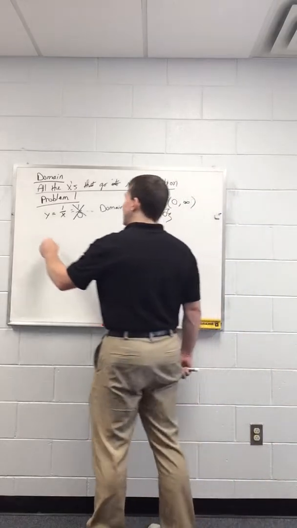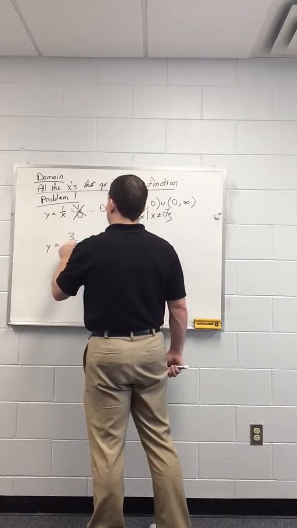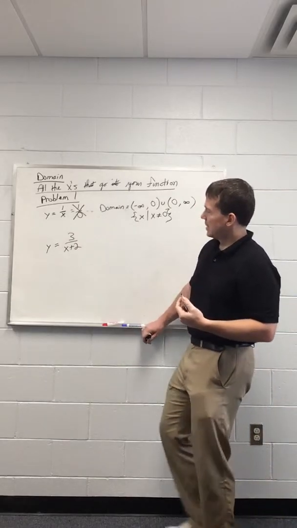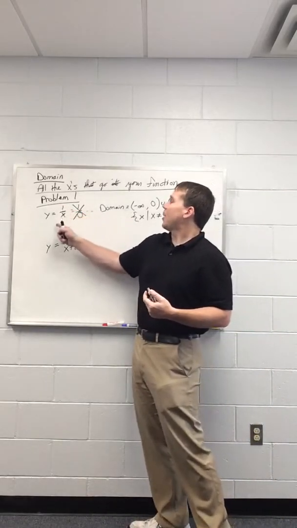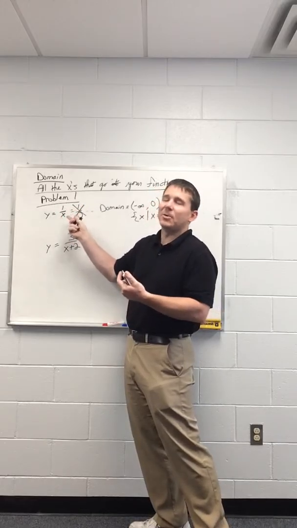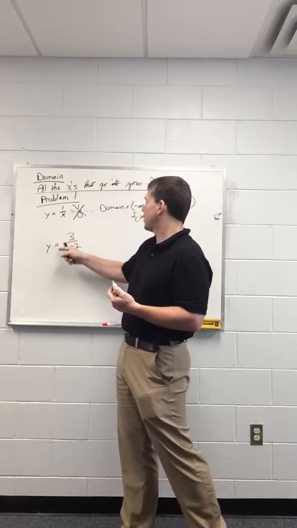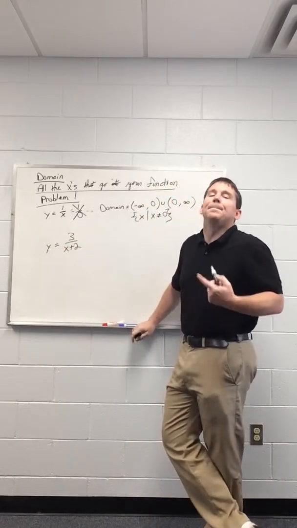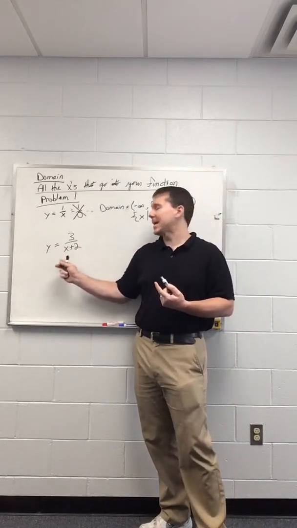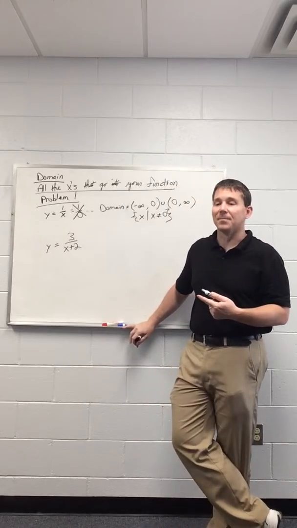So suppose I have this then. y equals 3 over x plus 2. Will I have a problem? Well, up here I had a problem because when I made x 0, I got 1 over 0, which doesn't work. Here, if I plug in x equal to 0, I get 3 over 2, which is fine. But if you think about it a little bit, there's still more than likely some x I can plug in that will make the denominator 0, which is a problem.